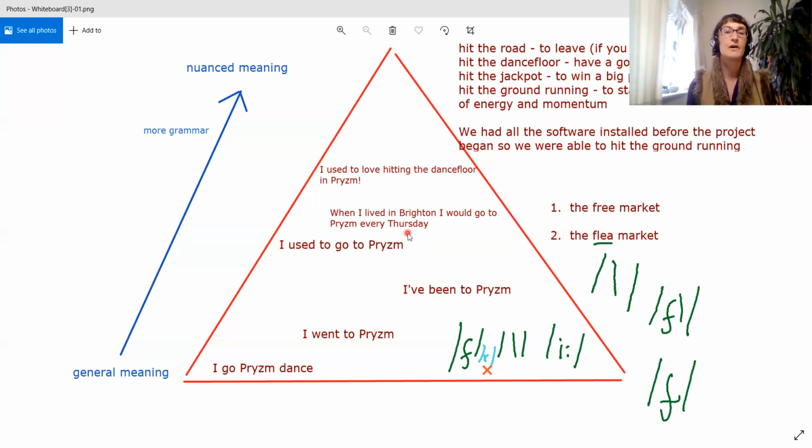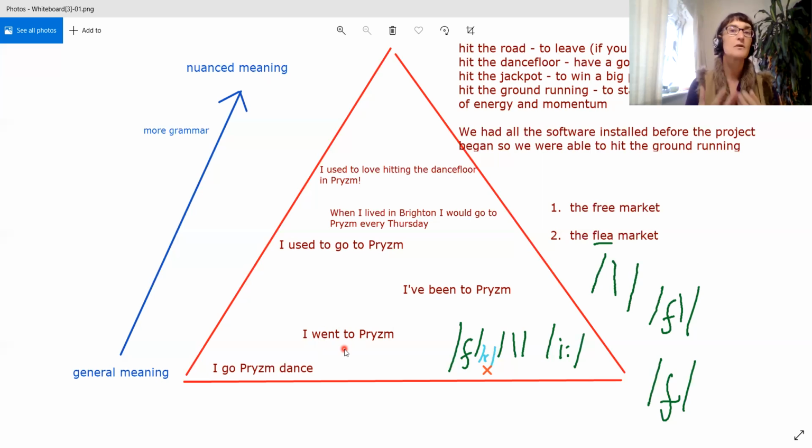I went to Prism when I lived in Brighton. But these two, used to and would, are more nuanced than the past simple. These two structures do something more complicated and more sophisticated than just the past simple.